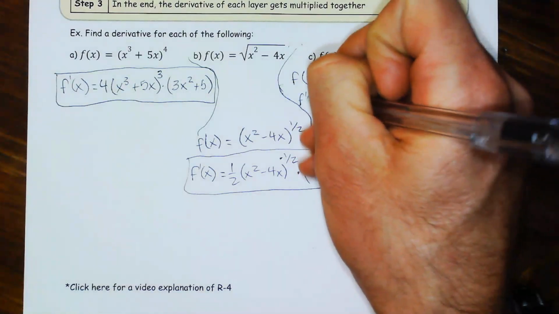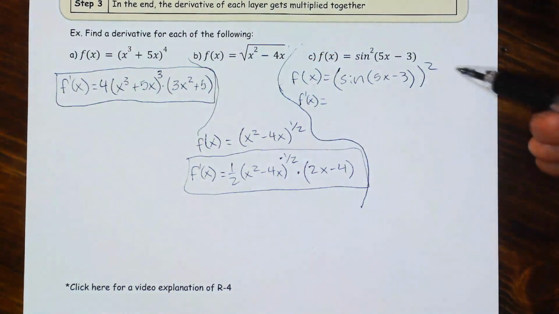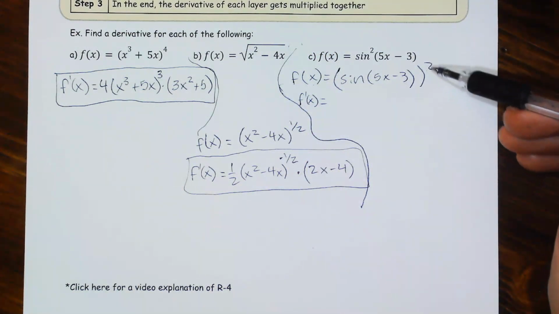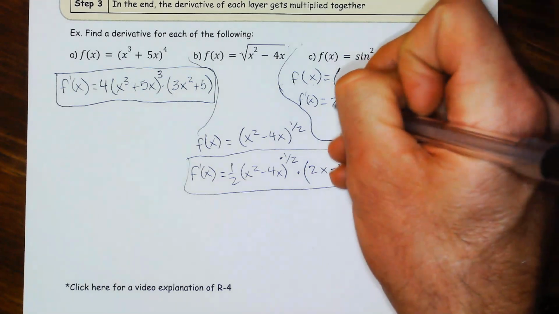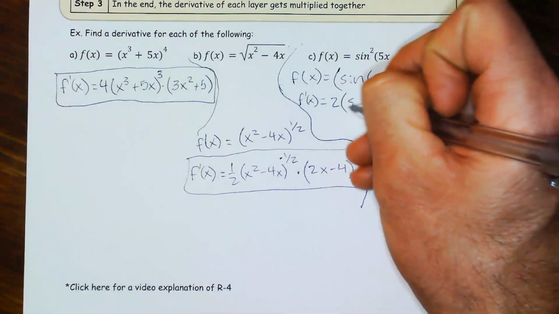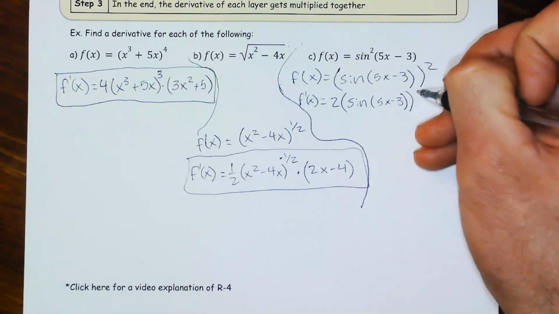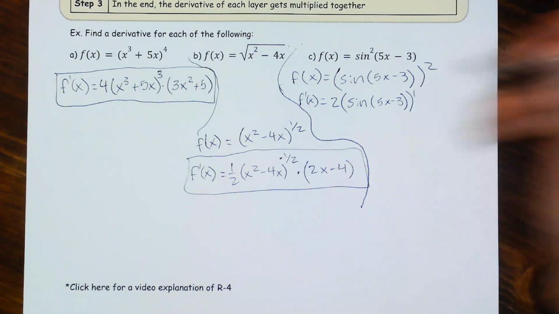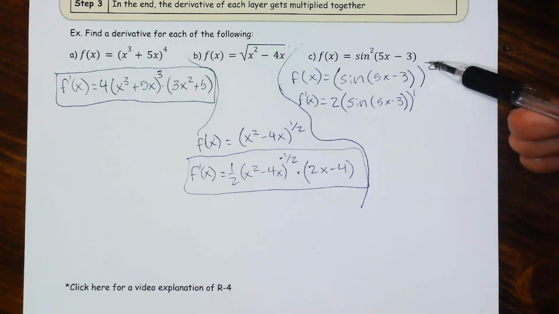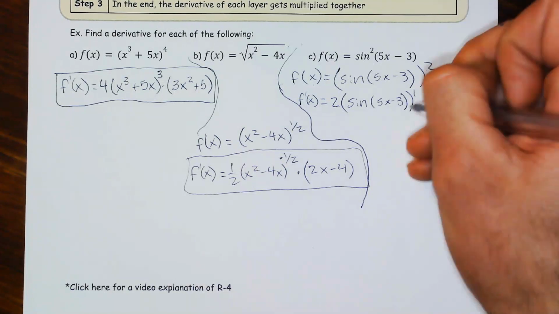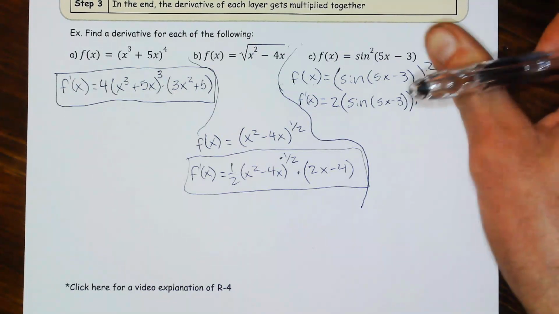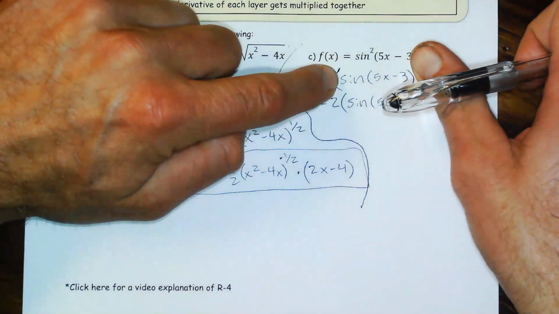So f prime of x equals, I work outside to inside, so my exponent here is a 2. 2 times sine of 5x minus 3 to the first power, which I don't need to mark, but I will just for clarity's sake because 2 minus 1 is 1, times, now that I've taken care of that square, what's the next layer that I need to deal with?